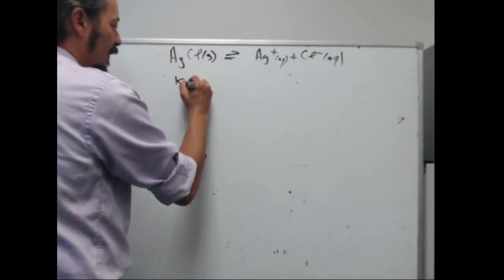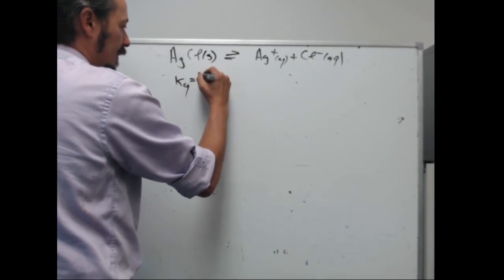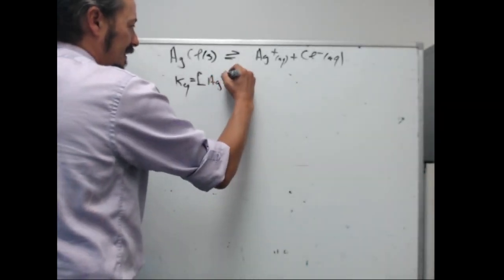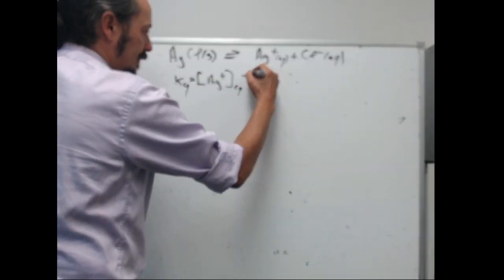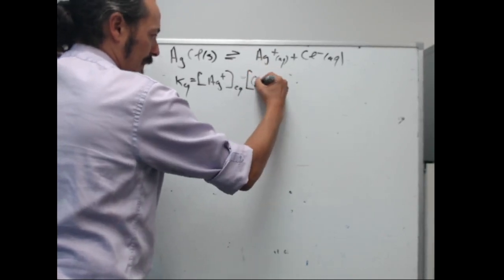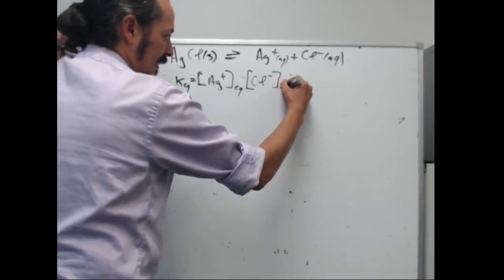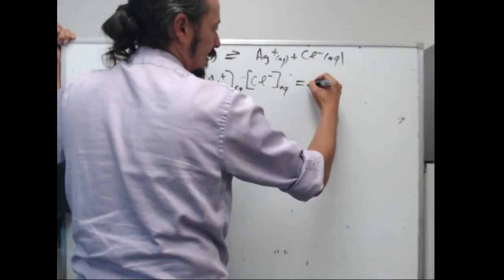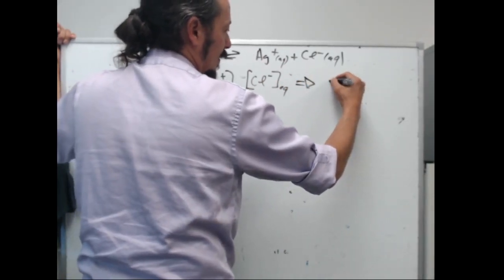Our KEQ for this reaction is Ag plus at equilibrium times Cl minus at equilibrium. It has a single value.